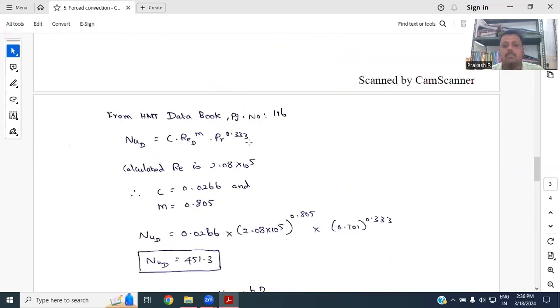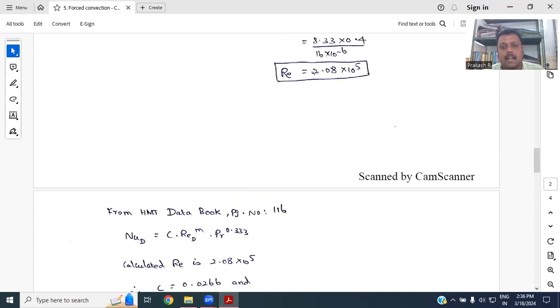When we are solving problems on cylinder, the Nusselt number formula will be Nu is equal to C into Reynolds number power M, Prandtl number power 0.333. We can take this from the HMT data book at page number 116. In this formula there are two new terms, C and M. We can take C and M from the Reynolds number value.